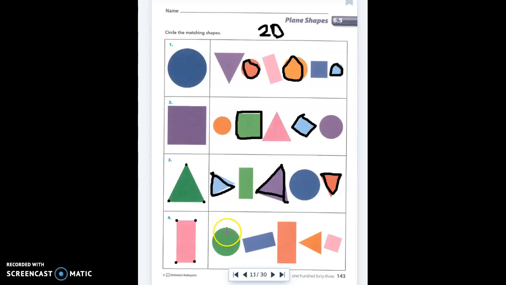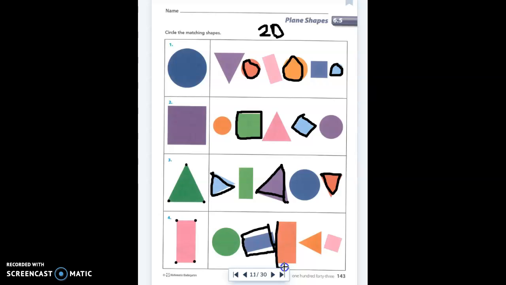This shape has no sides, it has no corners, so it's definitely not a rectangle. Here's one. Does this have 4 corners? Absolutely. Are 2 sides short? And yes. Are 2 sides long? Yes. So this guy here also is a rectangle. I need to draw a box around him.